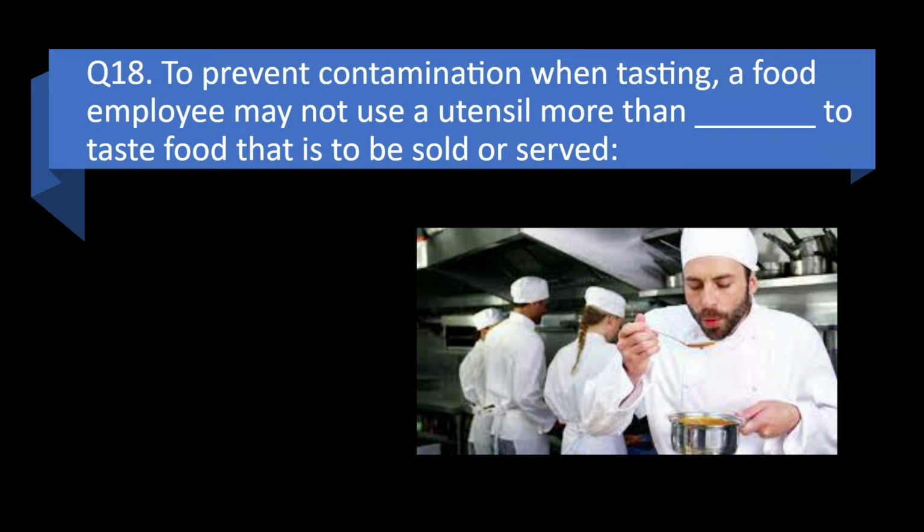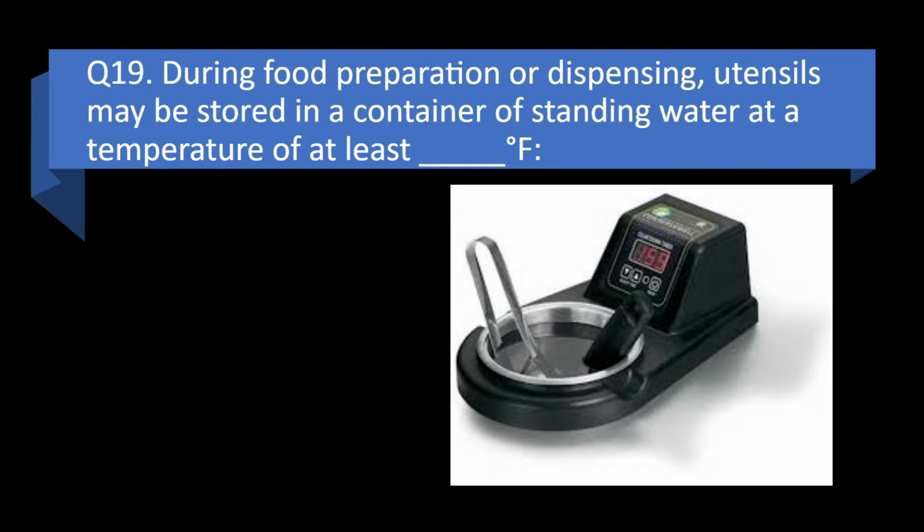Question 18. To prevent contamination when tasting, a food employee may not use a utensil more than blank to taste food that is to be sold or served. Once, twice, 3 times, or 1 shift. A. Once. Question 19.